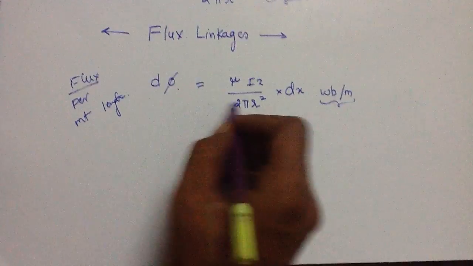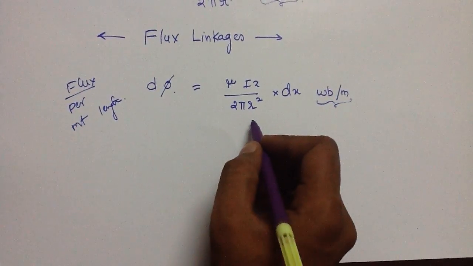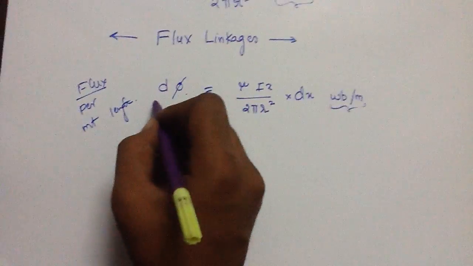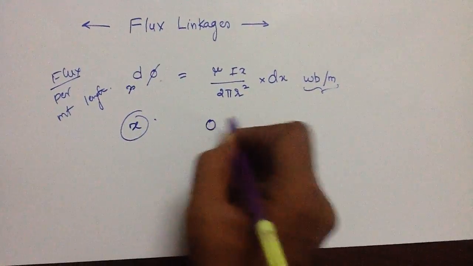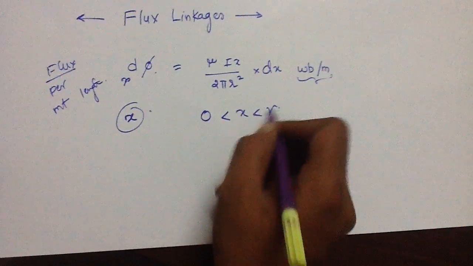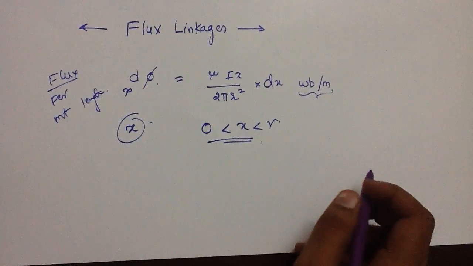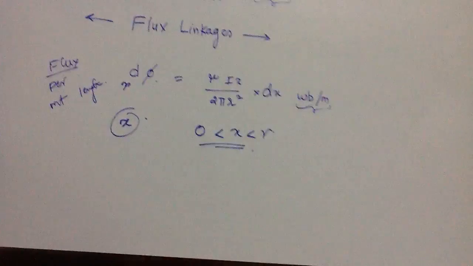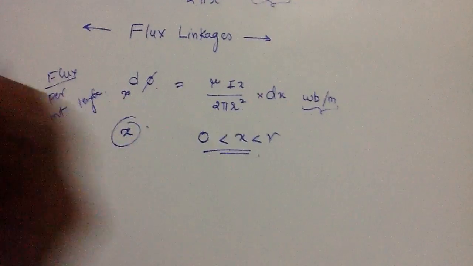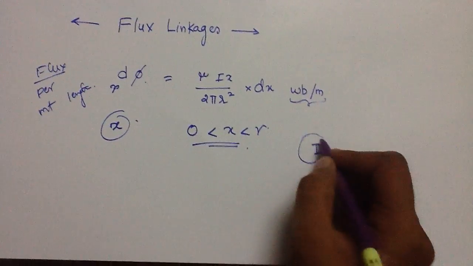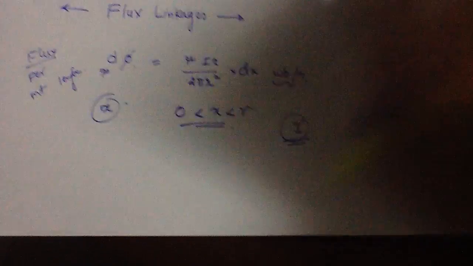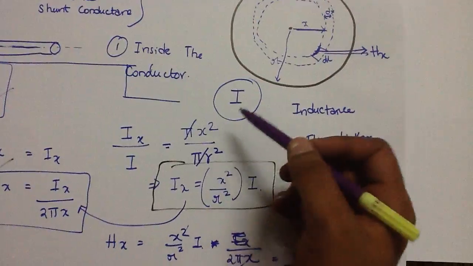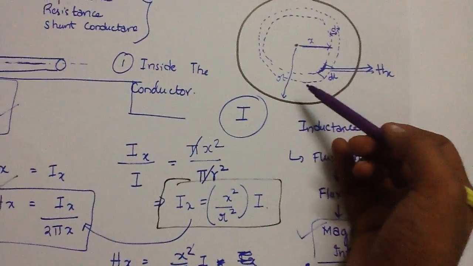Now the flux line we are talking about is at x. So now 0 is less than x less than r, isn't it? Yes. So this total current, which is I, this flux links with just a part of the current, as we have already talked about in this expression.